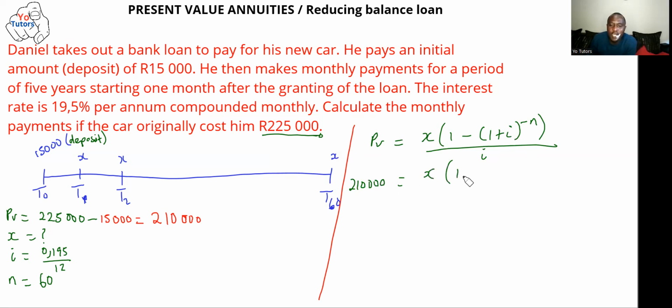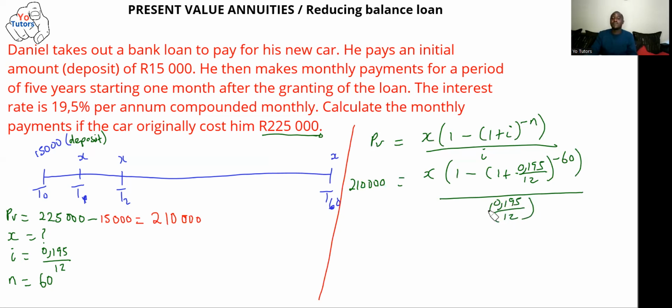We have 1 minus (1 plus i), where i is 0.195 over 12, to the power of negative 60, then all over 0.195 over 12.